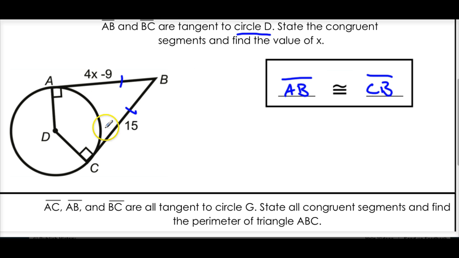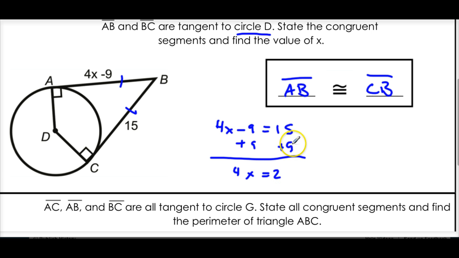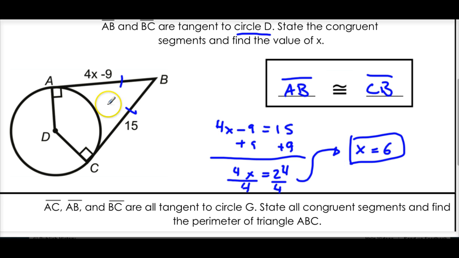We should know by now when two things are congruent, we just set them equal to each other. So 4x minus 9 is equal to 15. We're going to add 9 to both sides, and we get 4x is equal to 24. Divide both sides by 4, and we get x is equal to 6. Because these are congruent, we just set them equal and solve for x.